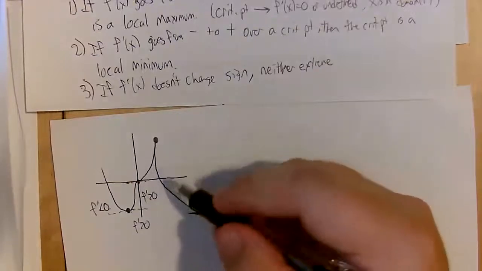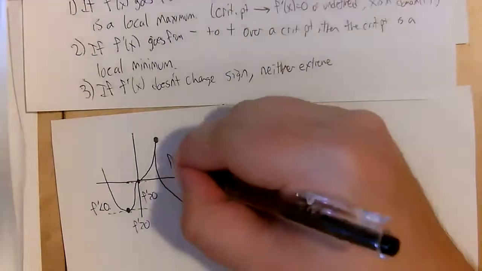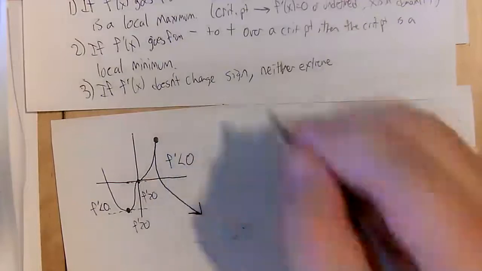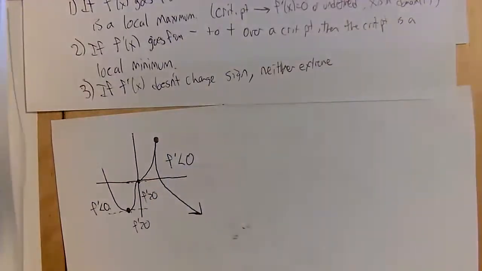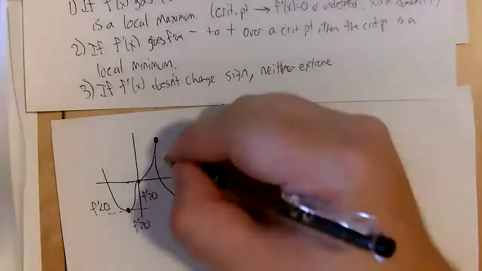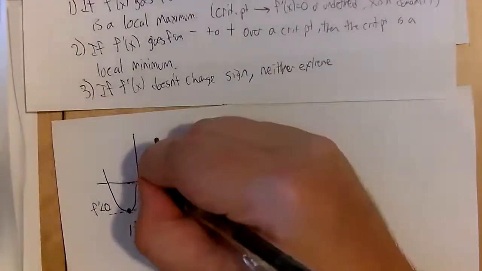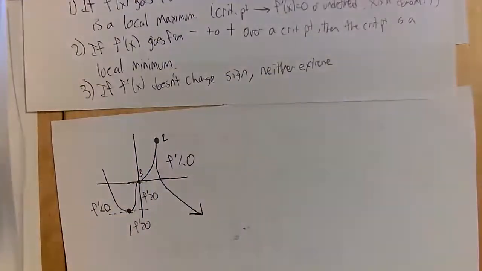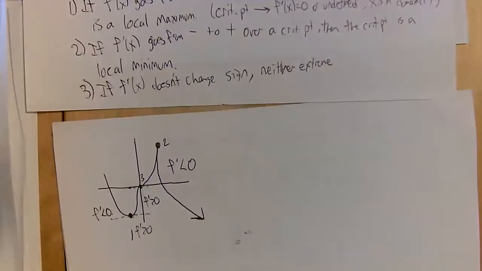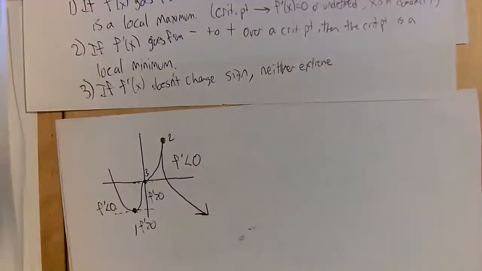We have f prime greater than 0 before, and then since we're decreasing, we have f prime being less than 0 afterwards. So this right here is going to be a local max. And notice that this wouldn't be a flat tangent line. This would be where our derivative doesn't exist. But that still counts as a critical point. So that illustrates cases 1, 3, and 2, respectively here. So that's what's going on pictorially for this theorem.